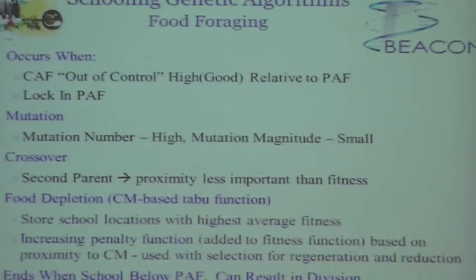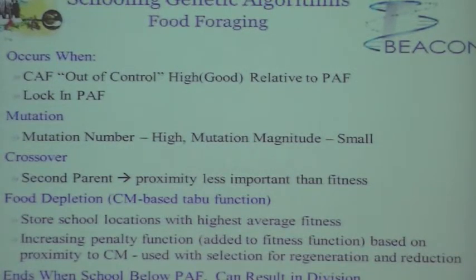Food foraging is the behavior that occurs based on CF, the center of the current average fitness. Each school has a center of mass. You can think of that as the center of mass of a body, which is that very central point of all the mass it contains.